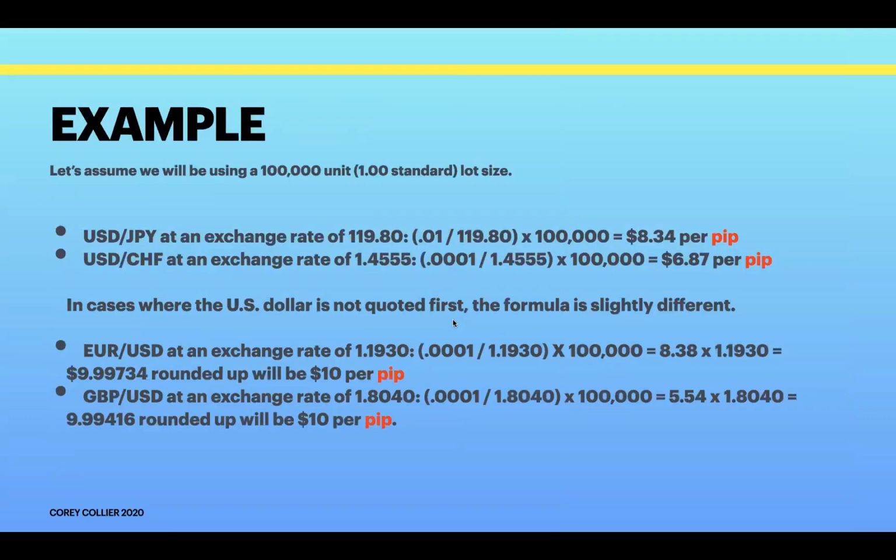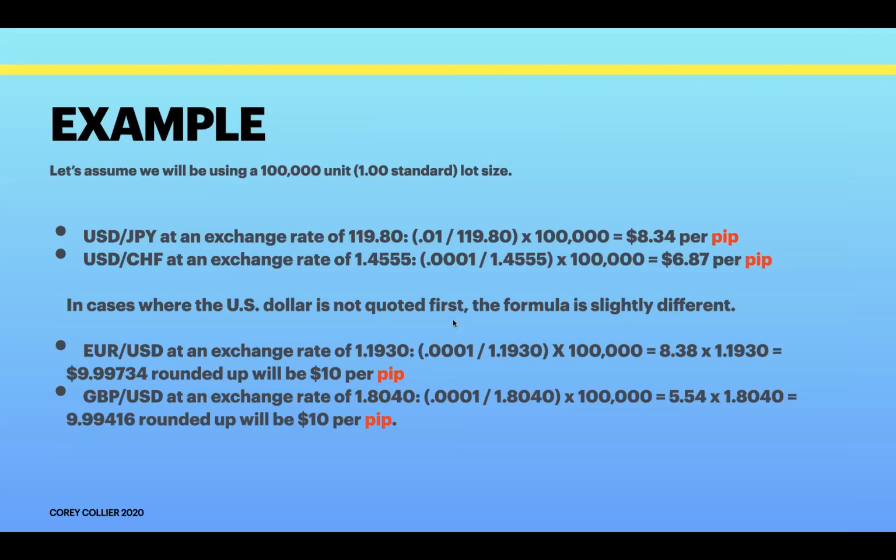All right, example. Let's assume we'll be using a standard lot size, or 100,000 units. The United States dollar, Japanese yen at an exchange rate of 119.80. So we're calculating the value of what a pip is.